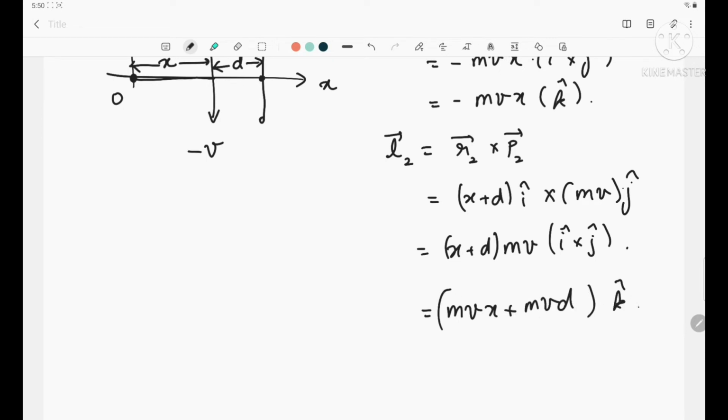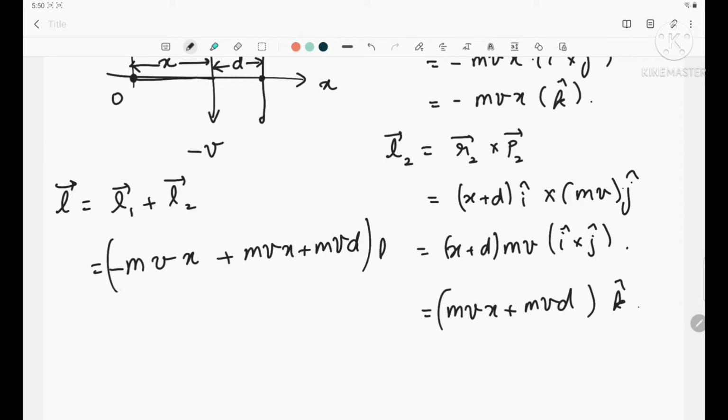Combining both, the total angular momentum will be L1 vector plus L2 vector, which is equal to minus mvx plus mvd, and k cap can be taken common. So these two will get cancelled and we will be getting mvd into k cap.